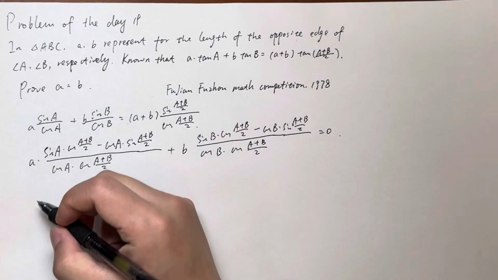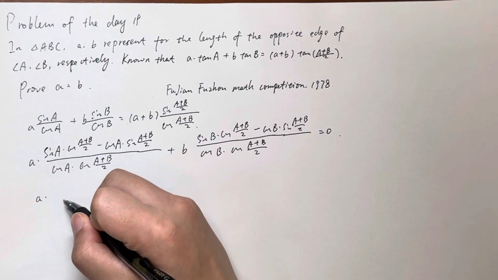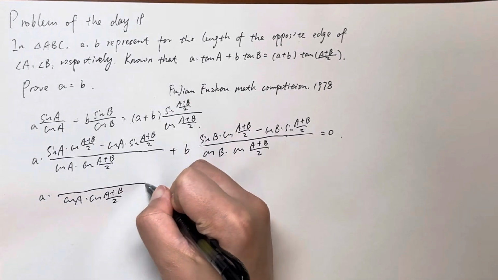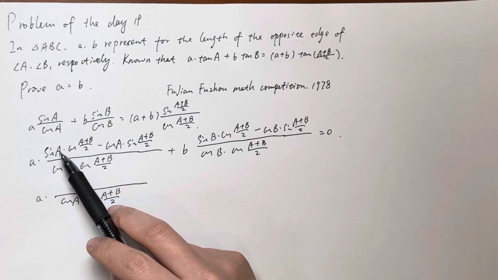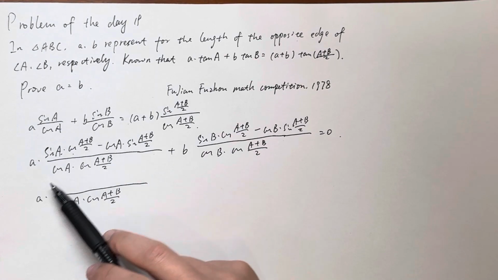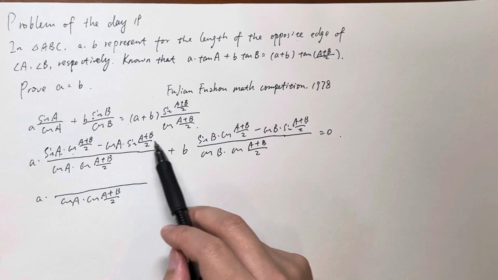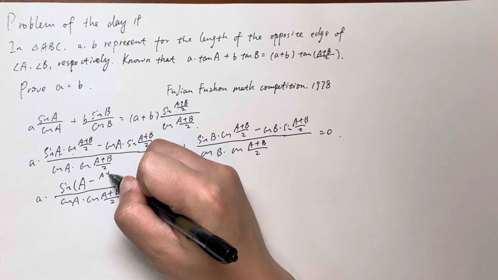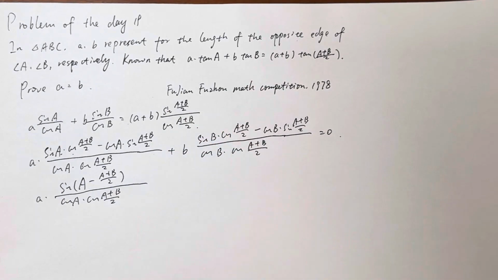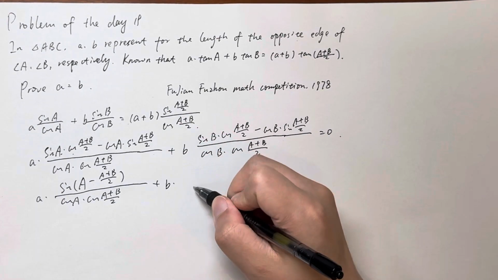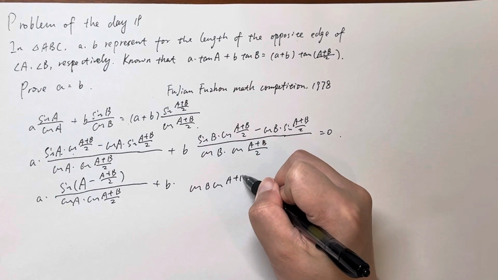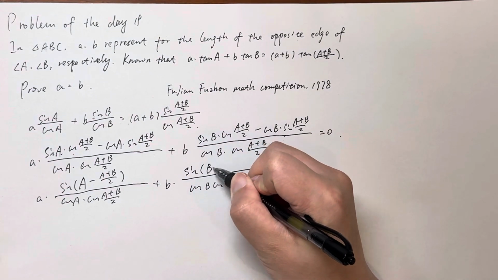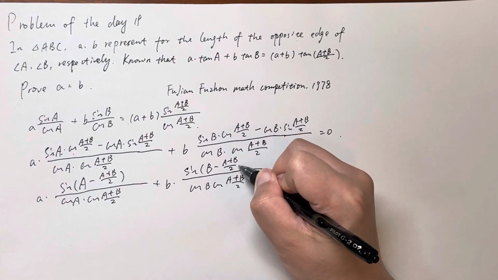We can still keep reforming it. We get here a times cos of (A plus B)/2. So for here we have sin A cos beta, let's consider it as beta, which is sin A cos beta minus cos A sin beta. So we can write it as sin of (A minus beta), right? Beta is this one. And similar for here, we have b times cos B cos of (A plus B)/2, and on the denominator, we have sin of (B minus (A plus B)/2).